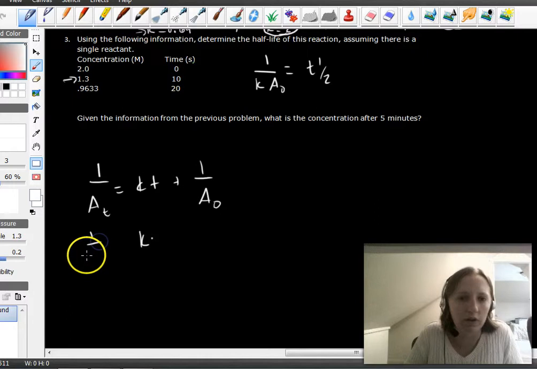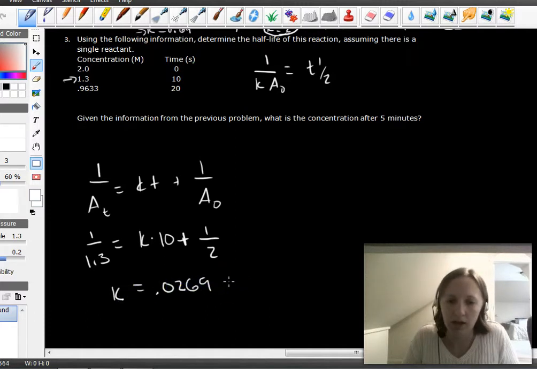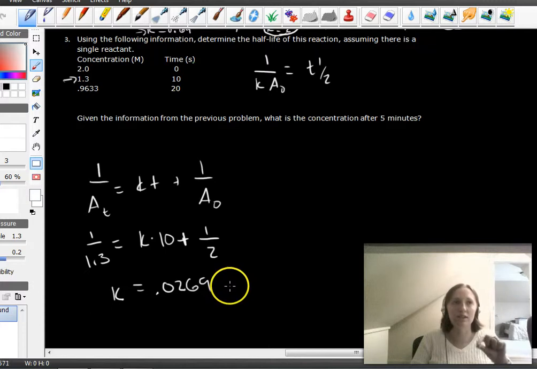So 1 over 1.3 equals k times 10 plus 1 over 2. And you solve for that and you get k equals 0.0269.